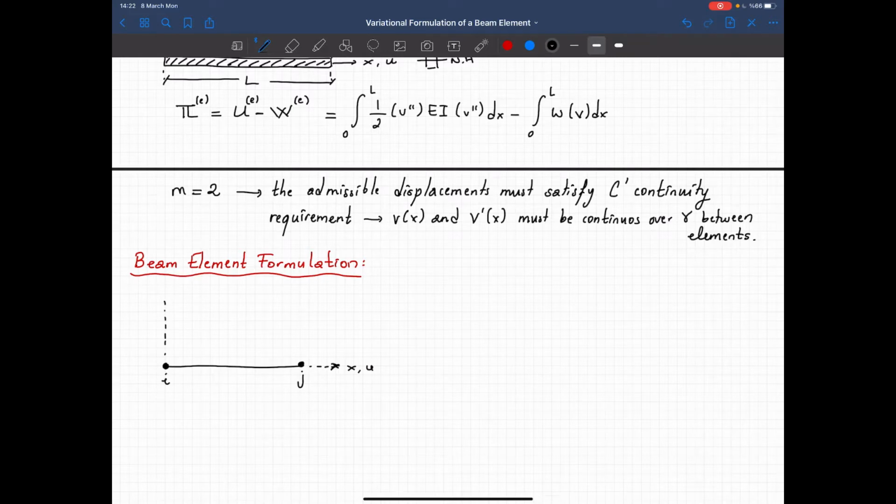Again, let's plot it one more time. That's the y-axis and v. And this is the length of the member, L.